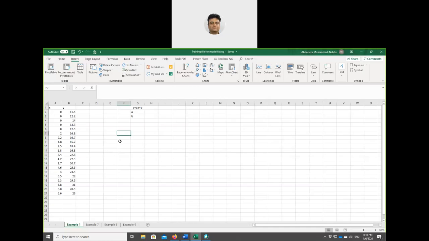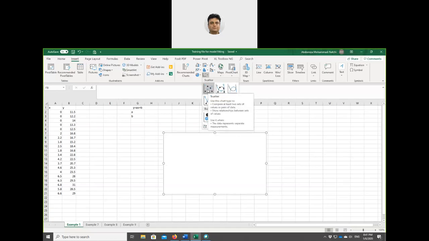So first, click far from your data. Then go to the insert menu, insert charts, and in the charts, for model fitting, always use the scatter. Insert the scatter and choose the scatter one.